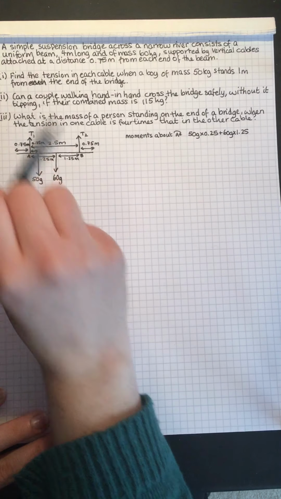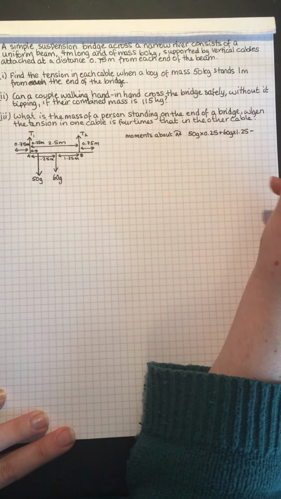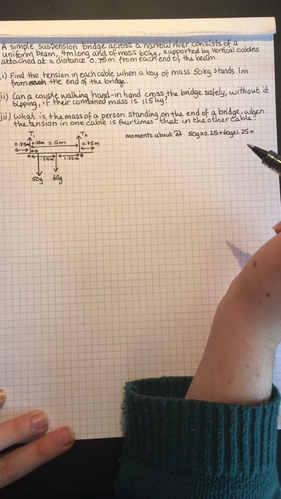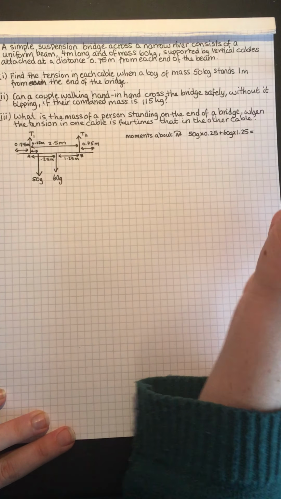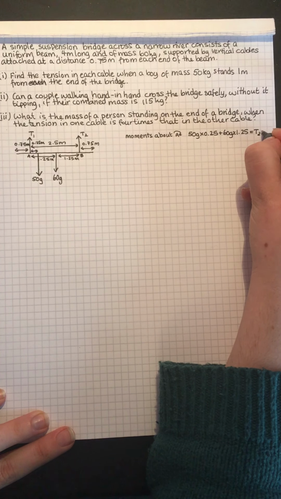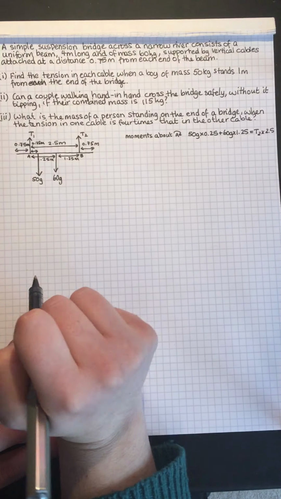Then T2 is going to be anti-clockwise, so we'll just say it's going to be equal because we know it's not moving. So we've got T2 times 2.5, because that's 2.5 meters away from A.